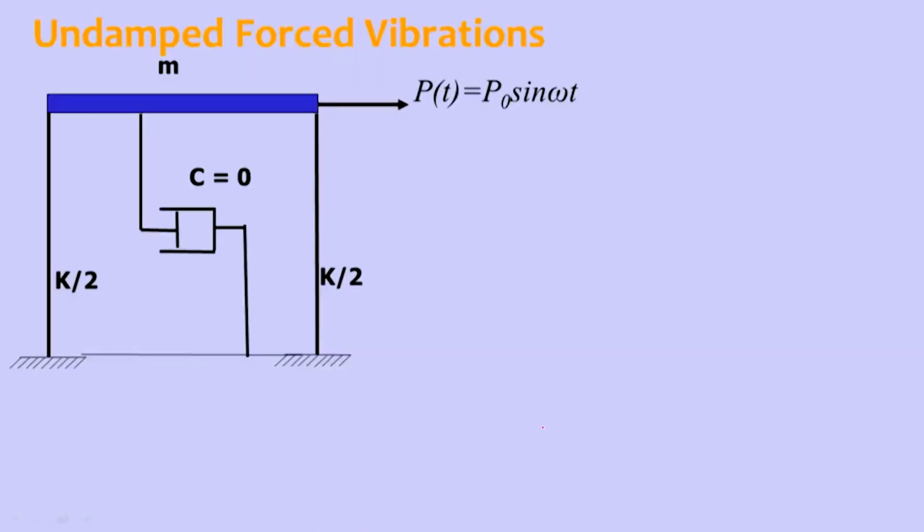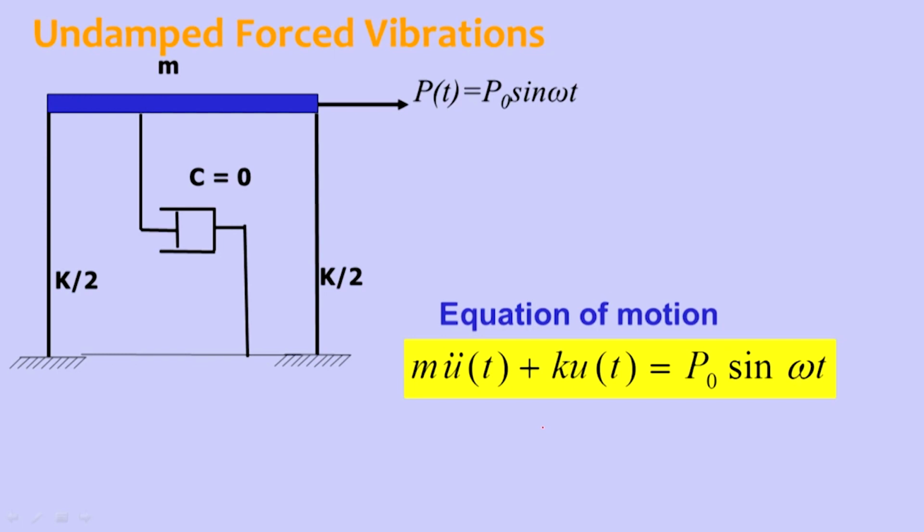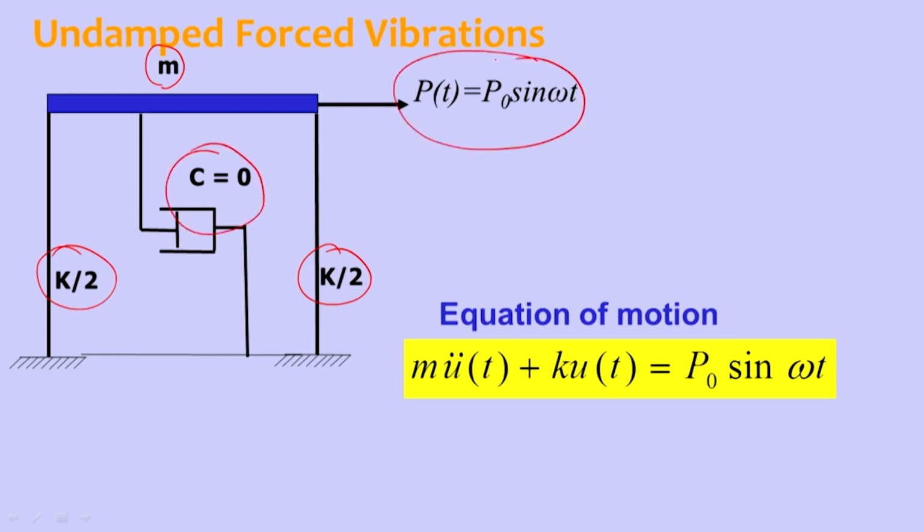Now, how the system and the equation of motion look is like this. Mass is there at the roof level, and stiffness, that is the resisting elements, and damping is not present in the system. The excitation force is in the form of sinusoidal excitation with constant force P0, written as P0 sin omega t.